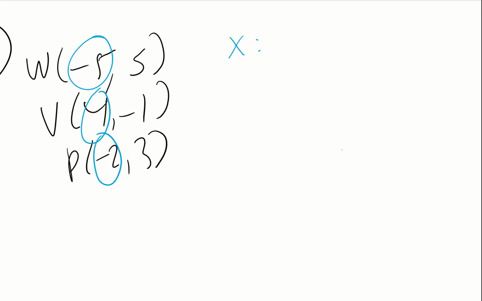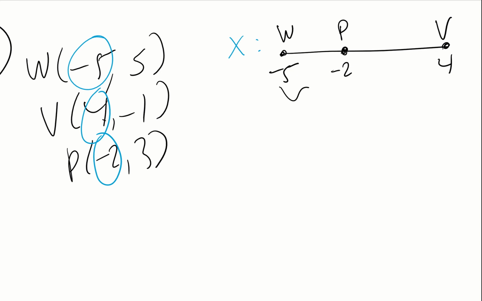As long as you focus on one particular coordinate, you can list these in order from smallest to largest. So here, in this case, W will be first at a value of negative 5. P would be next at a value of negative 2, followed by V at an x value of 4. So the distance between negative 5 and negative 2 is 3.